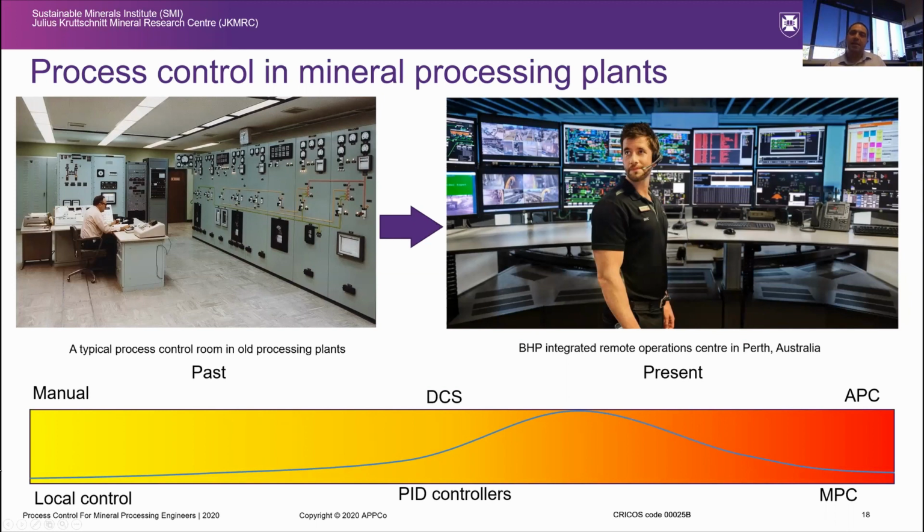They still exist, but the majority of operations at least have the PID controller and are moving toward advanced control. And again, that's what we are seeing. It's important to focus on having a better understanding of what's involved in advanced process control and what can be done. And as I mentioned earlier, we shouldn't forget the role of the PID controller and the stabilizing controller as a fundamental part, which is important as well.